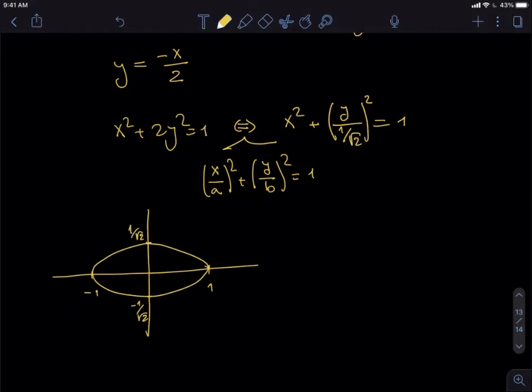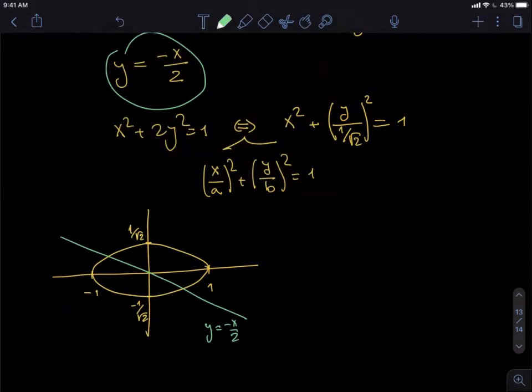Okay. And now we are saying a function with a negative slope 1/2, this here, that will be something like this. These are the points y equals negative x over 2. But I'm not interested in all the points.